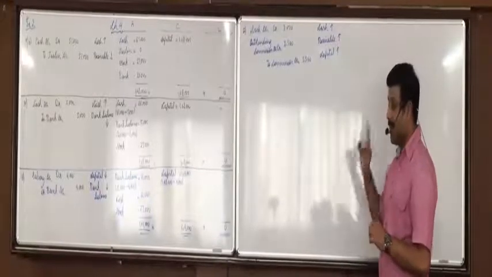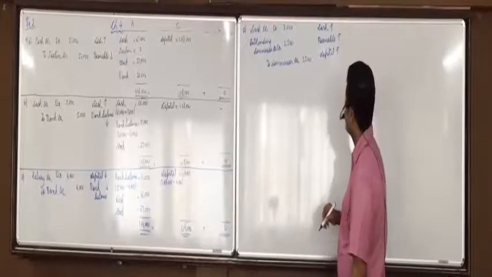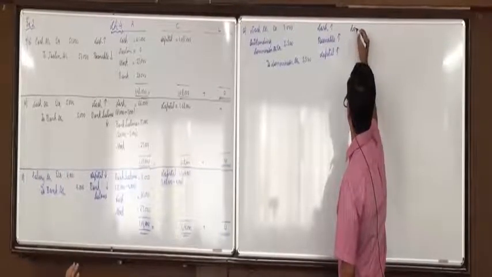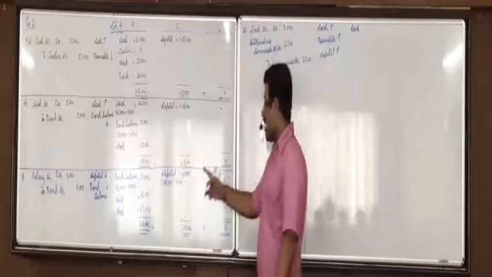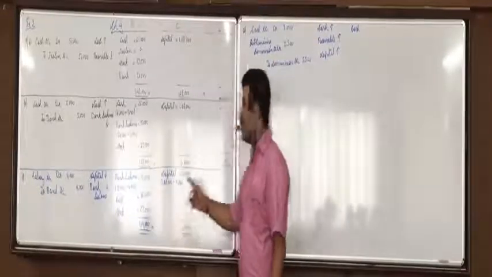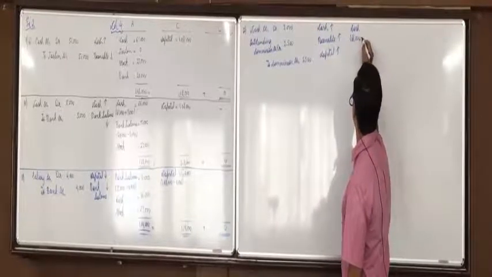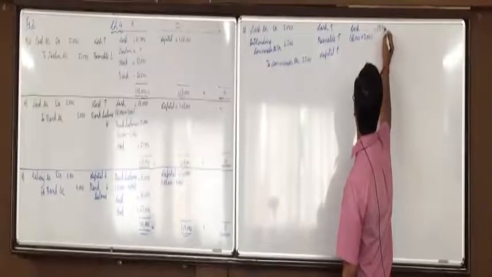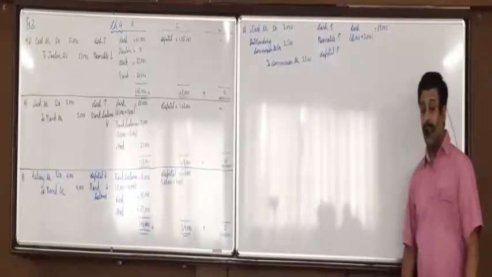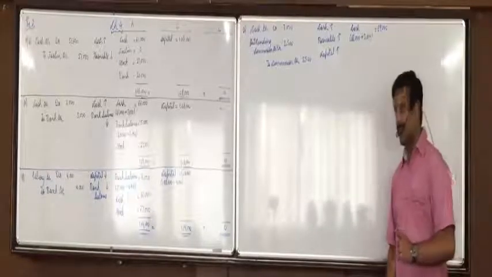Now, Bhakti, what cash we will write? Cash earlier we have 66,000, plus it increases by 3,000, so 69,000. Are you all clear with this? Now receivables will come in assets or in liabilities?